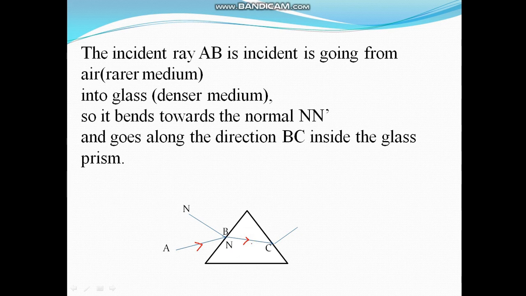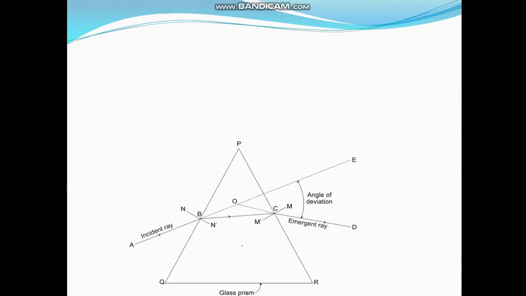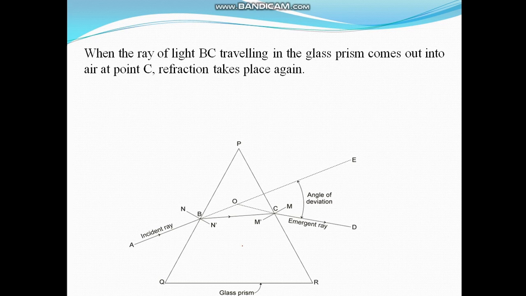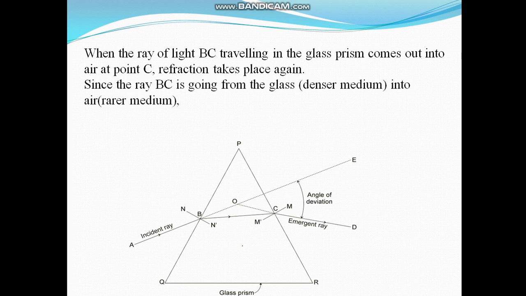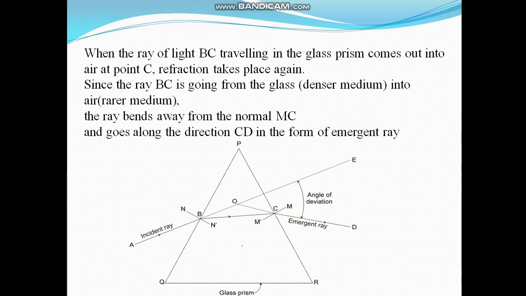This ray BC is the refracted ray which is inside the glass prism, and at C the refracted ray will come out again in the same medium. So when the light ray BC comes out at the point C, again the refraction takes place. Now it has traveled from where? From glass to air. The ray, when it is traveling from glass to air, will bend away from the normal and take the direction CD.